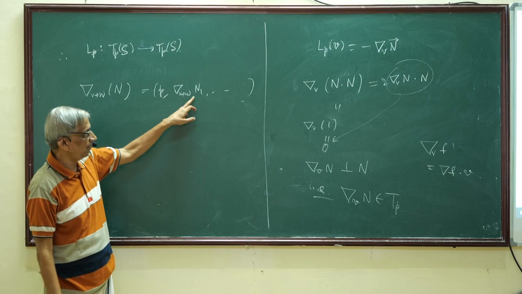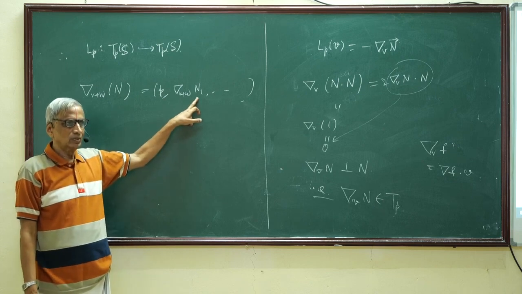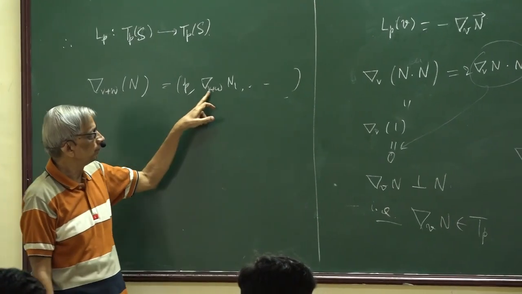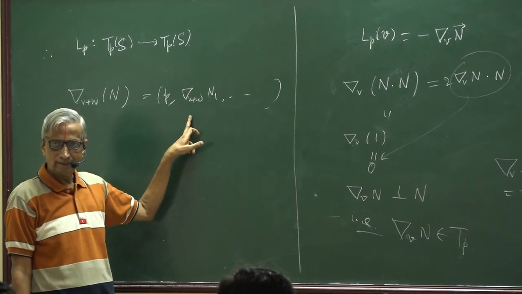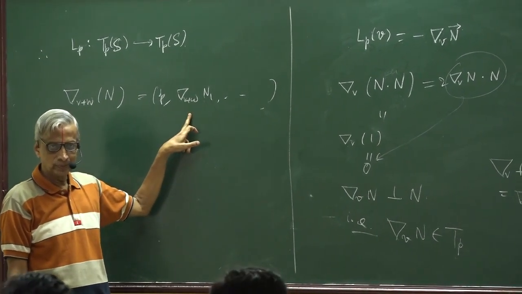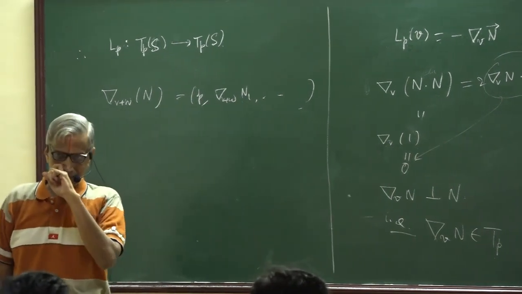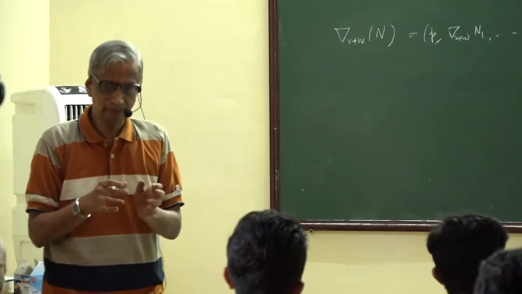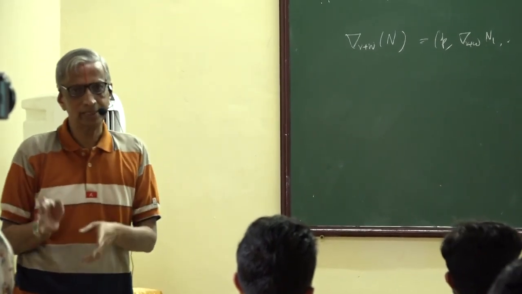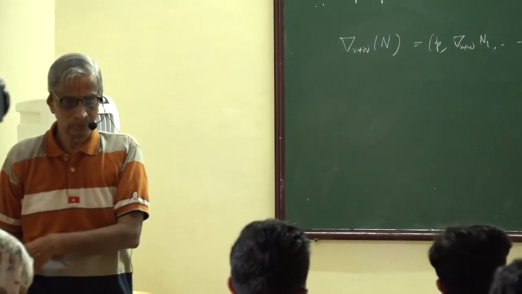Okay? So this is going to be the gradient of N1 dot v plus w. That is the same as gradient of N1 dot v plus gradient dot w.